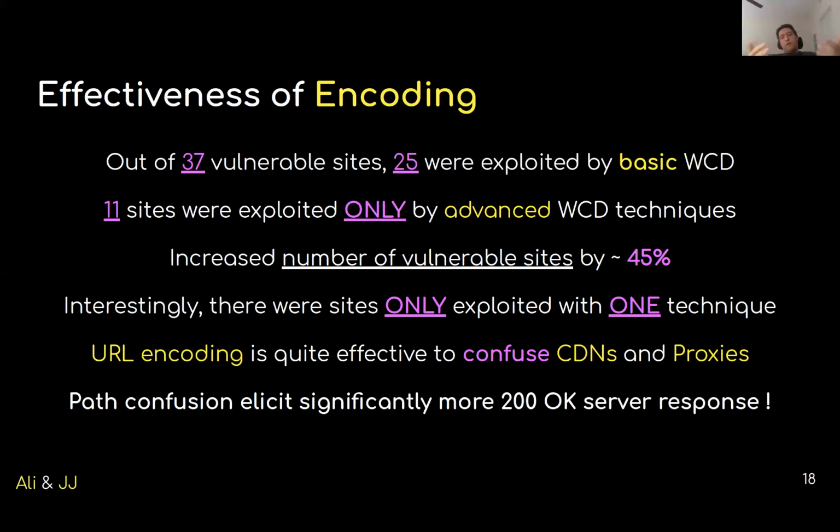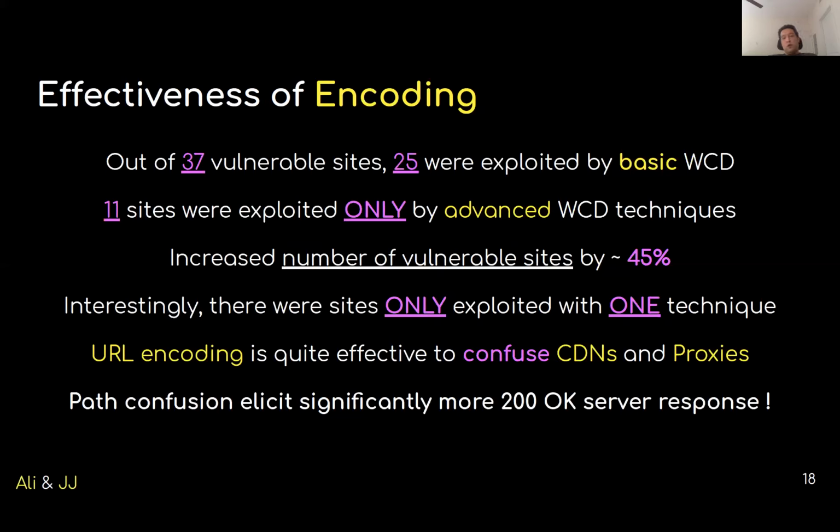Okay, let's talk about the effectiveness of the presented confusion techniques and encoding. We did a scale analysis, analyzed lots of domains and sites, and we found 37 vulnerable sites with web cache deception. 25 were exploited by basic and traditional web cache deception exploitation techniques, but interestingly, we discovered 11 sites were exploited only by advanced confusion techniques with web cache deception.